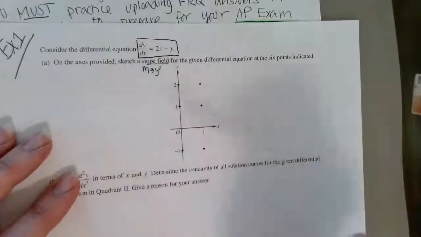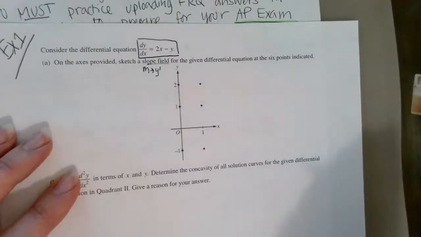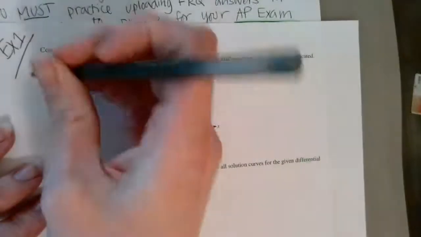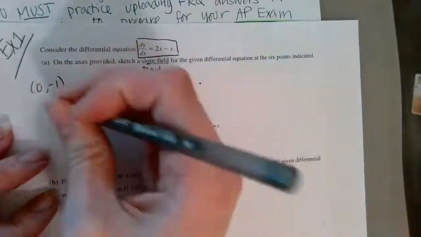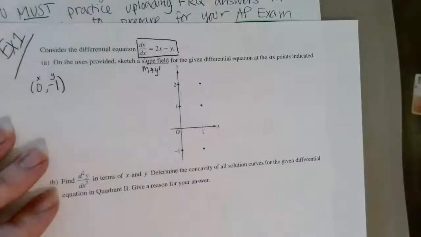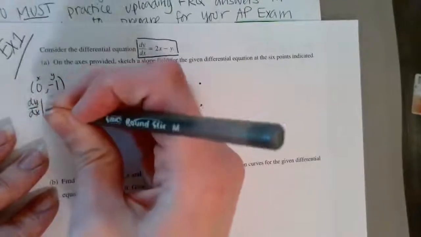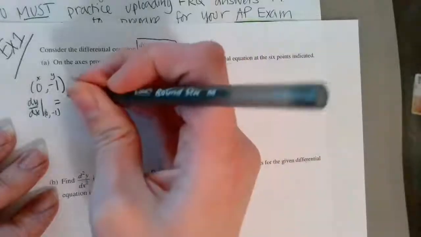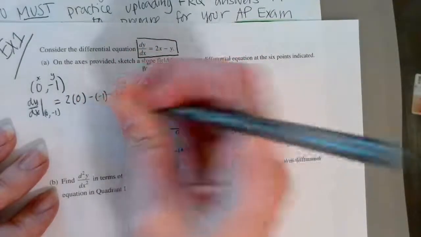I'm going to take my derivative, dy dx, and I'm going to plug in the coordinates of each of these points. So let's start with this point right here. This is the point (0, -1). I'm going to take 0, which is x, and -1, which is y, and plug it into dy dx. dy dx evaluated at (0, -1) equals 2 times 0 minus negative 1.